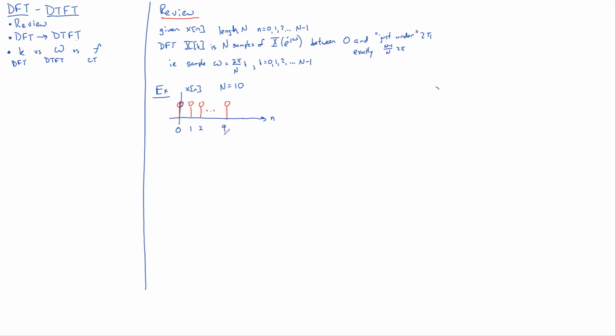So we want to find out what its frequency content is. And to find its frequency content, intuitively, we want to find its DTFT first. Now, the DTFT, you might remember, we covered this in an earlier class. It's a sinc.